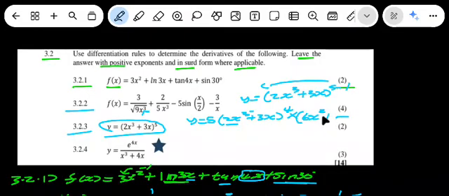We have our plus either way here. Multiply by the derivative of 3x, which simply equals 3. So this is what you'll have. This here we can say y prime, or we can say dy over dx. You can use either of these two notations, one and the same thing.